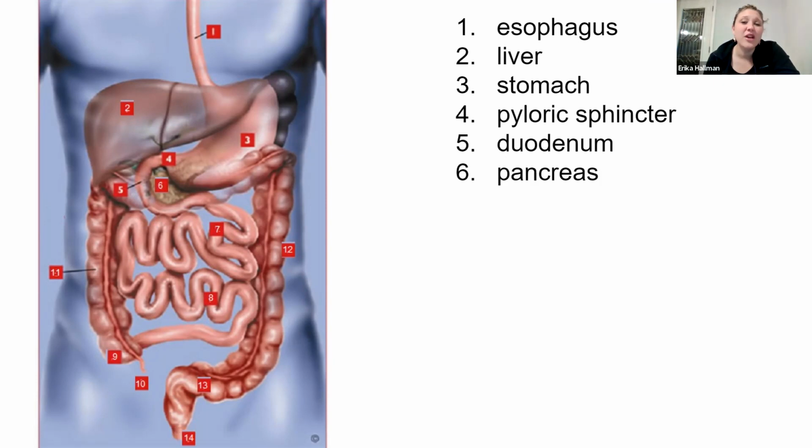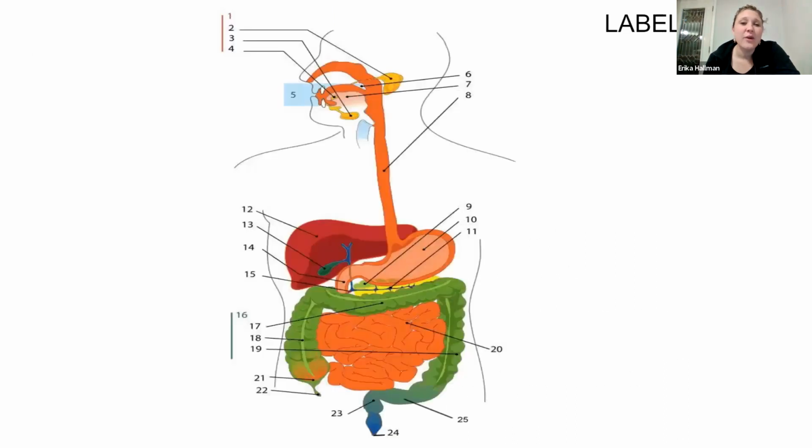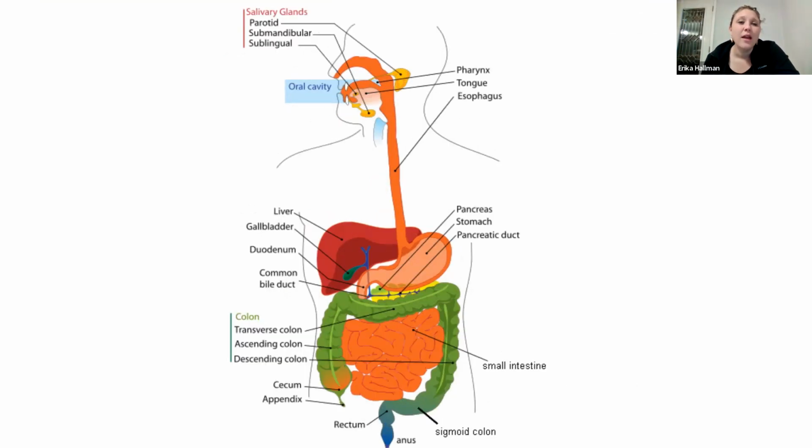You can go through and check. And then lastly, make sure that you're okay with all of these parts of the digestive system. Again, you can pause the video here. This part includes all of the accessory organs and ducts along with it. And here is the answer key to that.